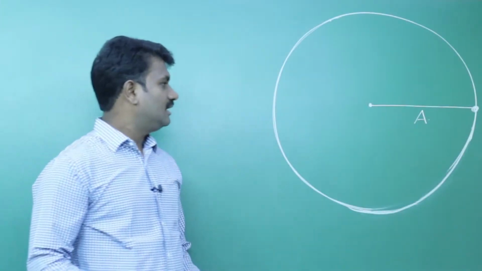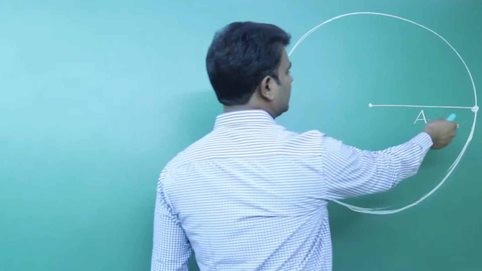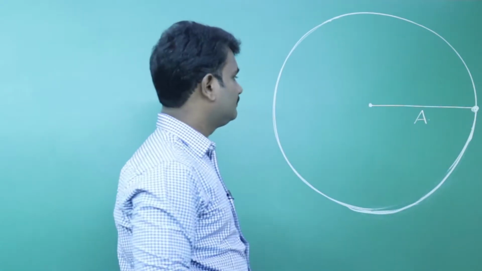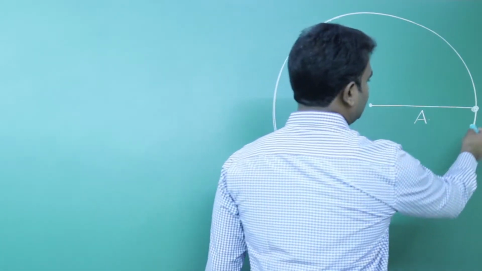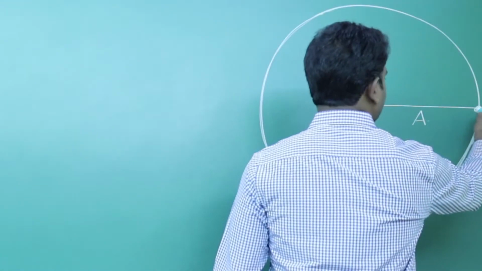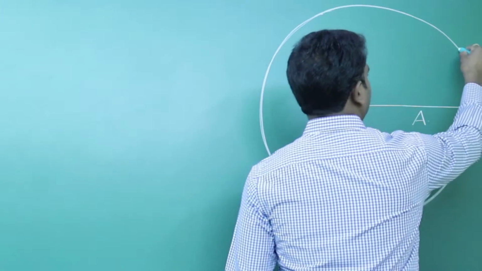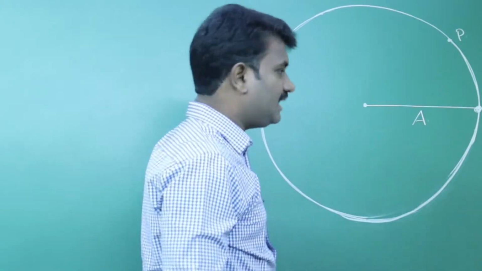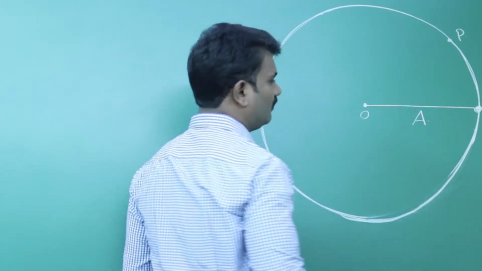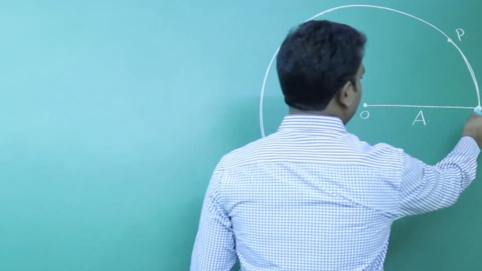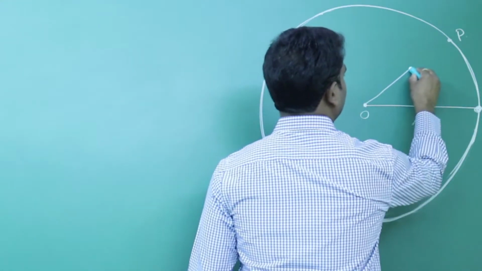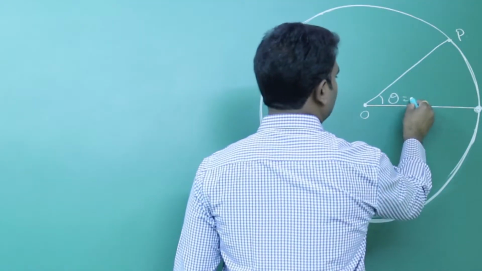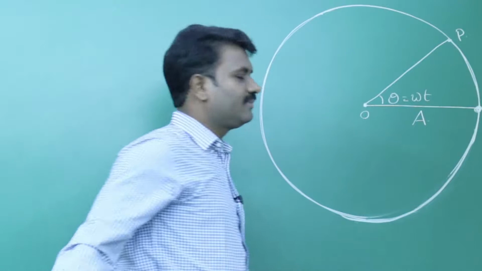Now consider an object revolving in a circular path of radius a with an angular velocity omega. Say initially it is at a point X. After some time t, it is somewhere here at a point P. Say the center of the circle is O. Its angular displacement after some time t is given by theta, where theta is equal to omega into t.